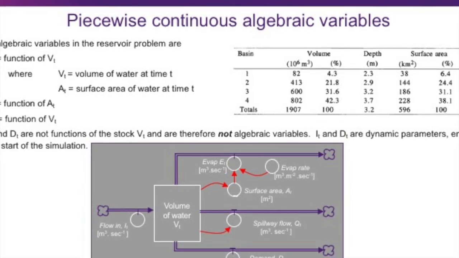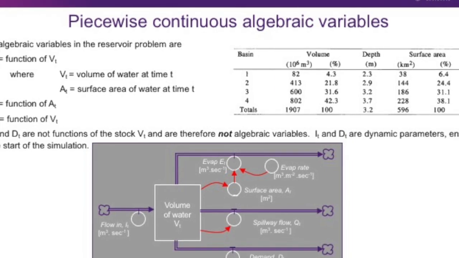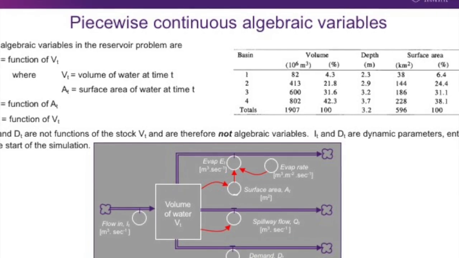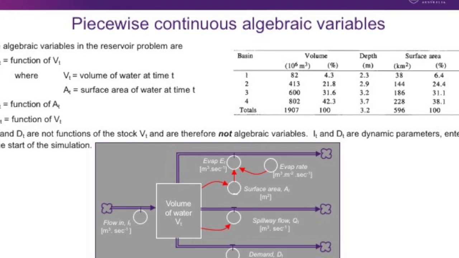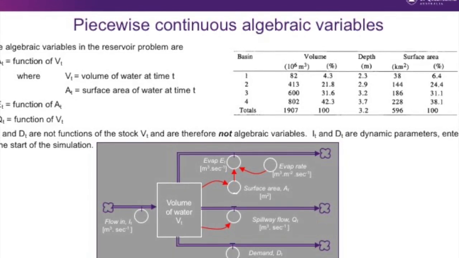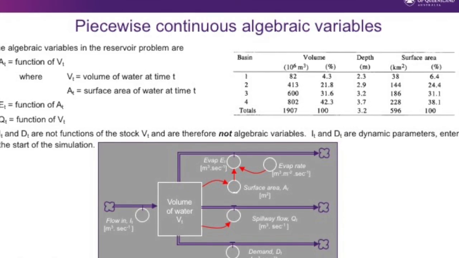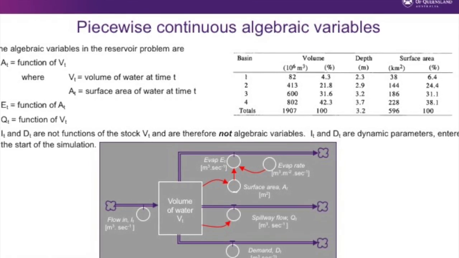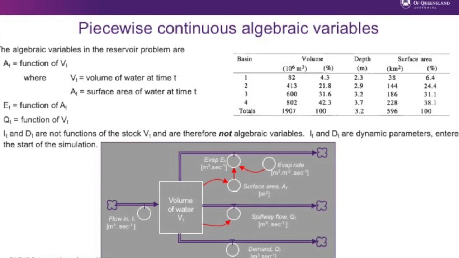So this is one example, and this example is related to the surface area of water at time t. This is an algebraic variable. It's a function of the volume, but we don't have an equation for this. Let's imagine that we have a system, a lake that has a cone shape, then we will think, well, we can estimate the area depending on the volume based on geometry, right?